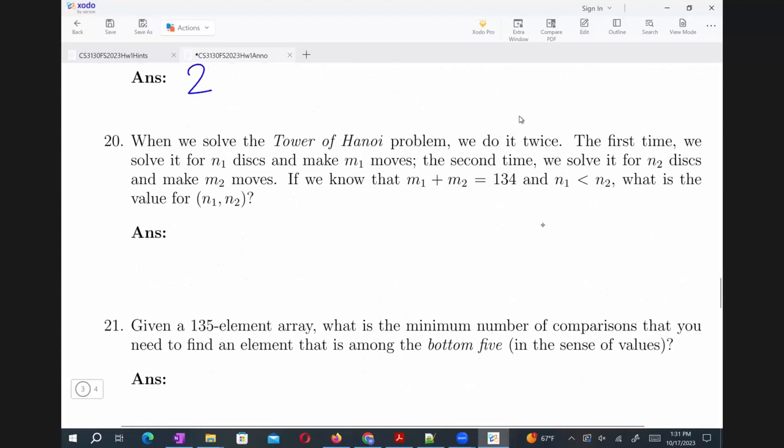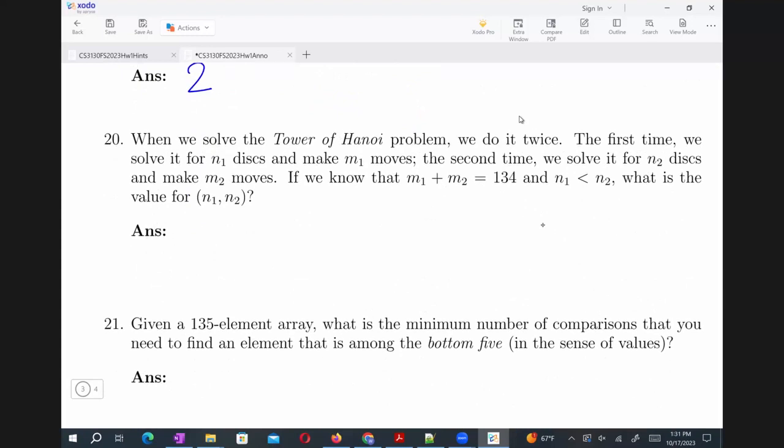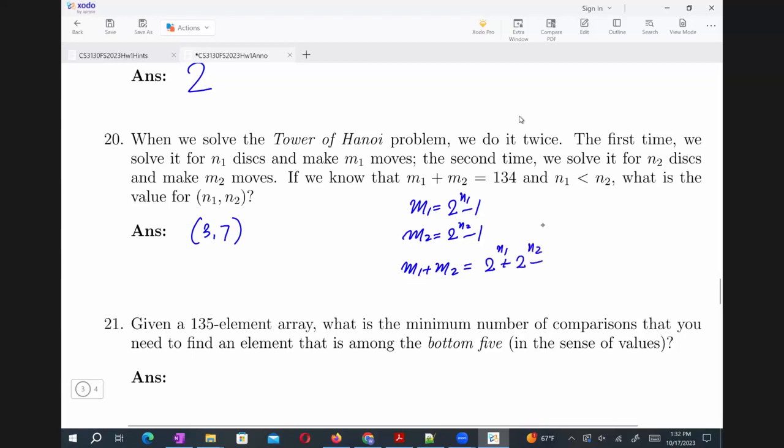Number 20, most of you got this one, but a small number, 2 or 3, missed it. The answer is 3, 7. Here we use the formula: n1 equals 2 to the n1 minus 1, and n2 equals 2 to the n2 minus 1. You add up: n1 plus n2 equals 2 to the n1 plus 2 to the n2 minus 2 equals 134.